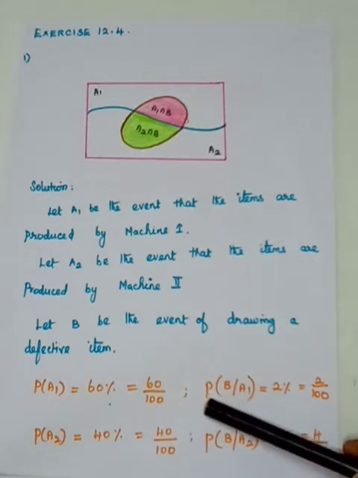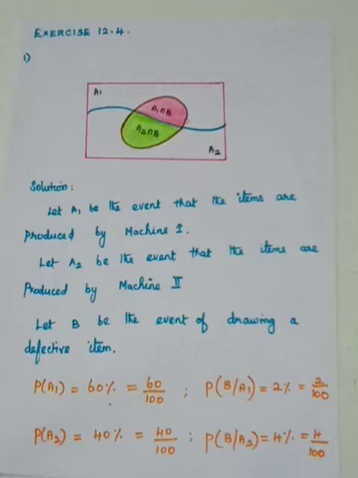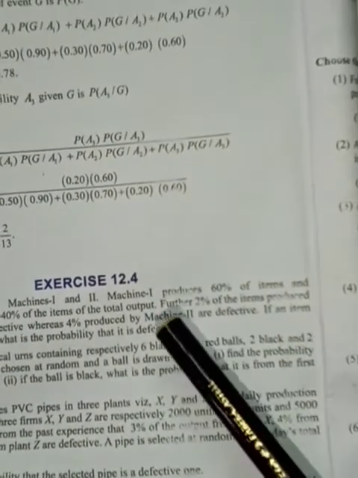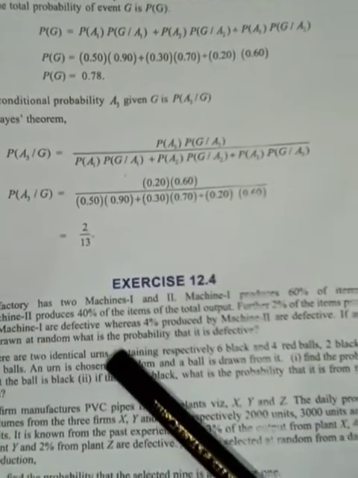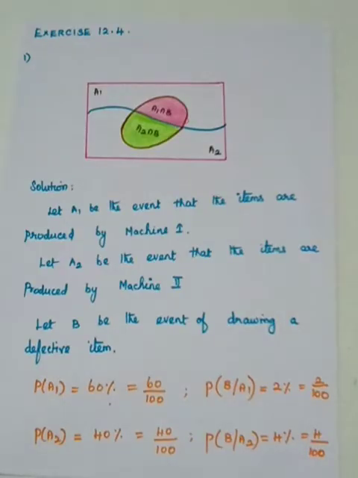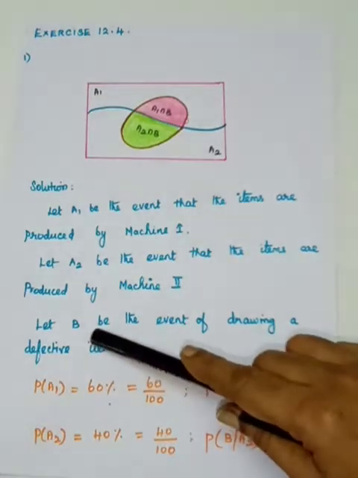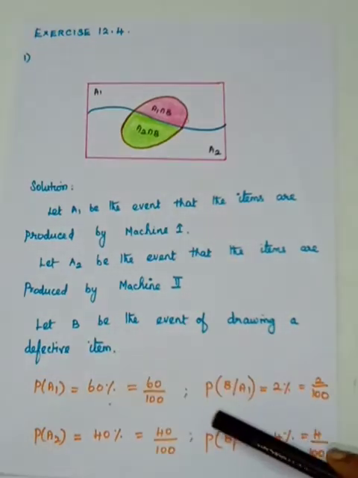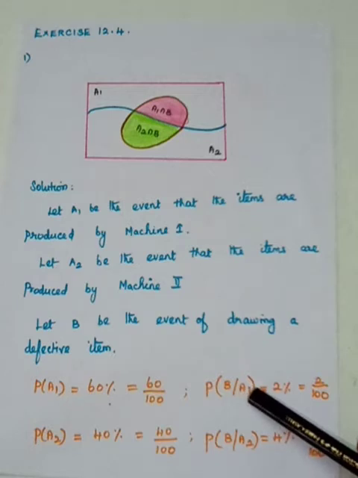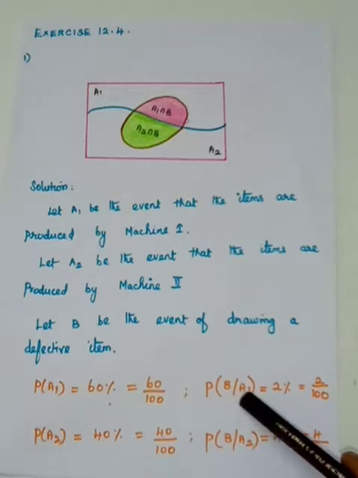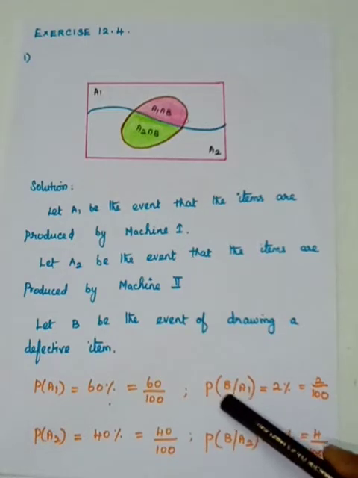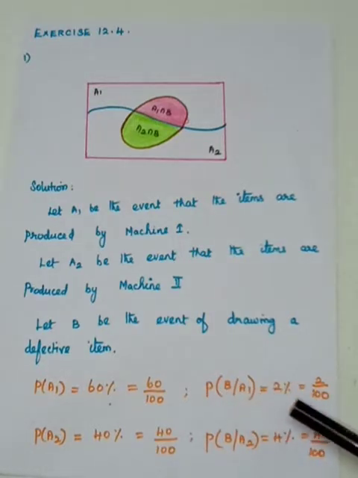Next, what is given in the book? 2% of the items produced by machine 1 are defective. B is a defective item, so P of B by A1. We have taken machine 1 first, and in that machine 1, the probability of getting defective items is 2%.